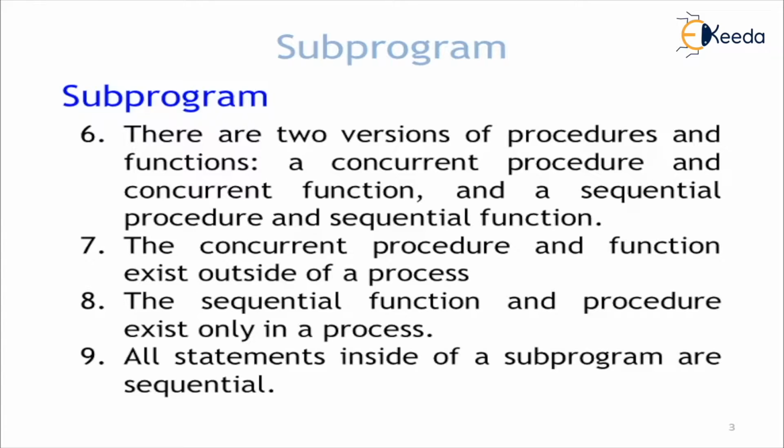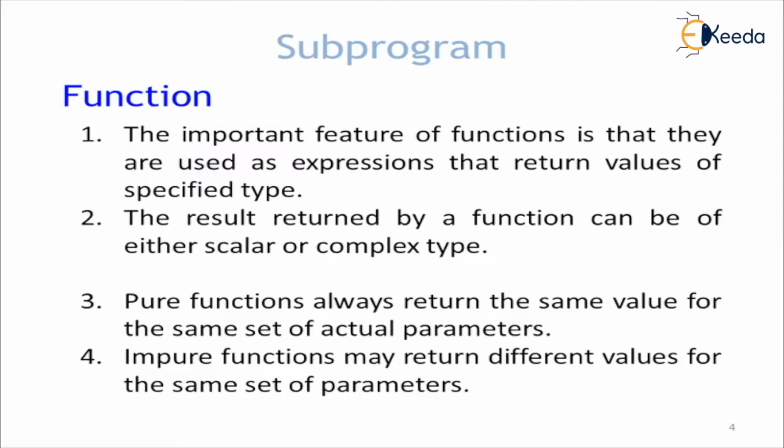But the functions or procedures that exist inside the process statement are called a sequential procedure or a sequential function. All the statements inside subprograms, or we can say all the statements inside the procedure or function, are sequential. Try to understand, it is something similar to our process.